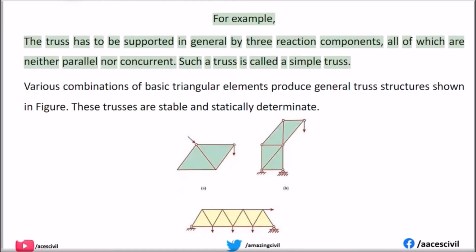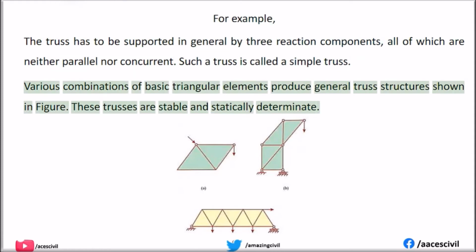For example, the truss has to be supported in general by three reaction components, all of which are neither parallel nor concurrent. Such a truss is called a simple truss. Various combinations of basic triangular elements produce general truss structures shown in figure.